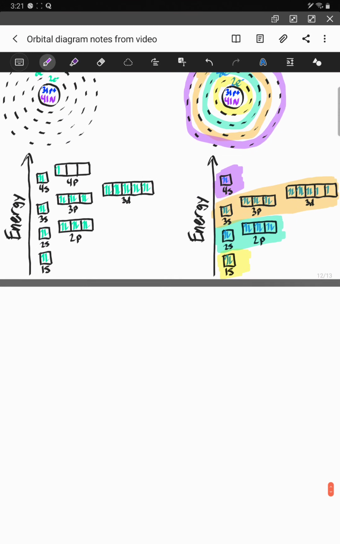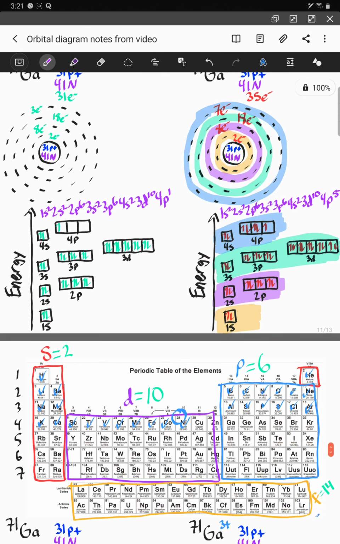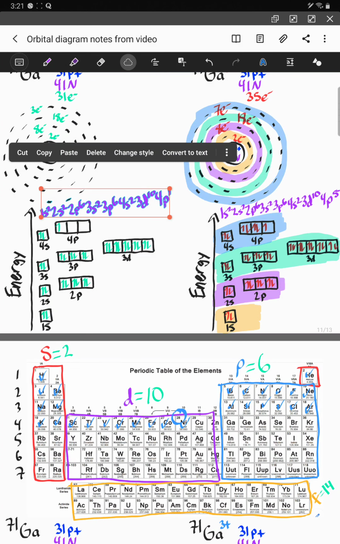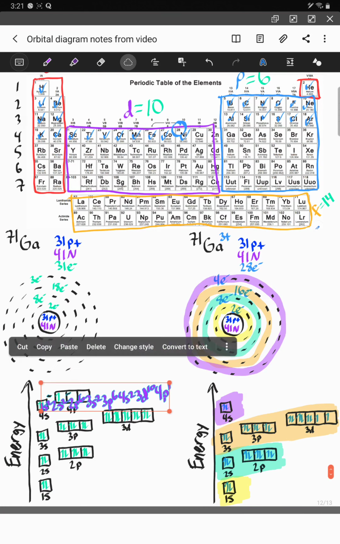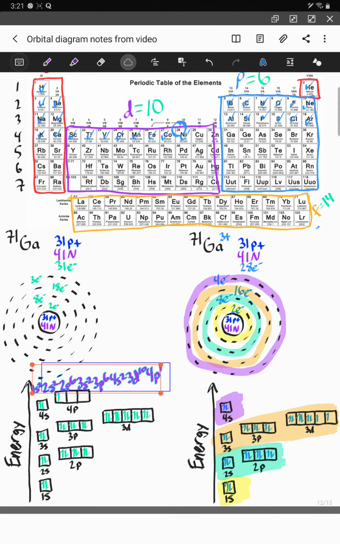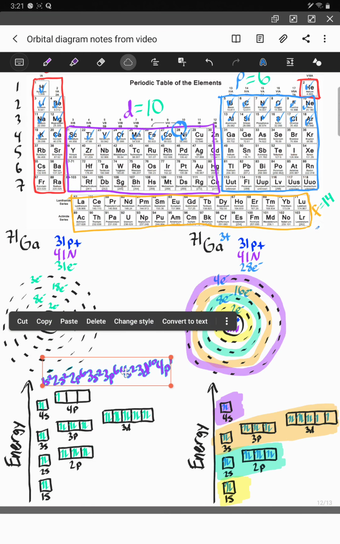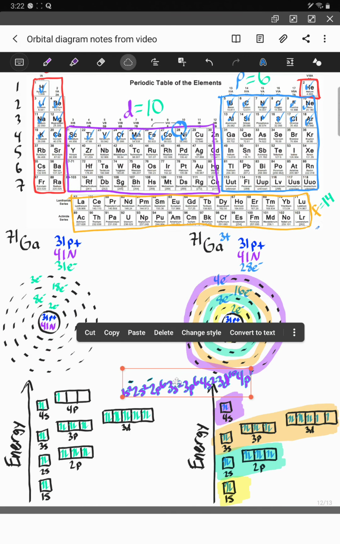All right, in our final example, I already have the electron configuration for gallium with no charge. I'm just going to copy and paste this actually. Oh man.